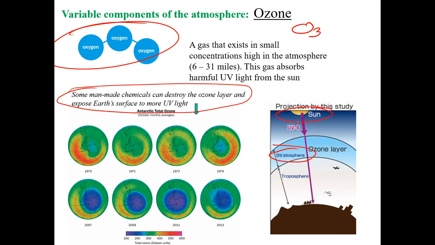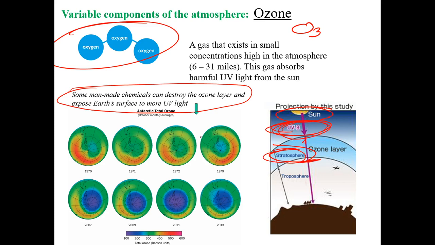So the sun produces a lot of UV light, ultraviolet light. When it enters the stratosphere, which contains the ozone layer within our atmosphere, that ozone absorbs the UV light, and it protects everything underneath from those harmful UV rays.